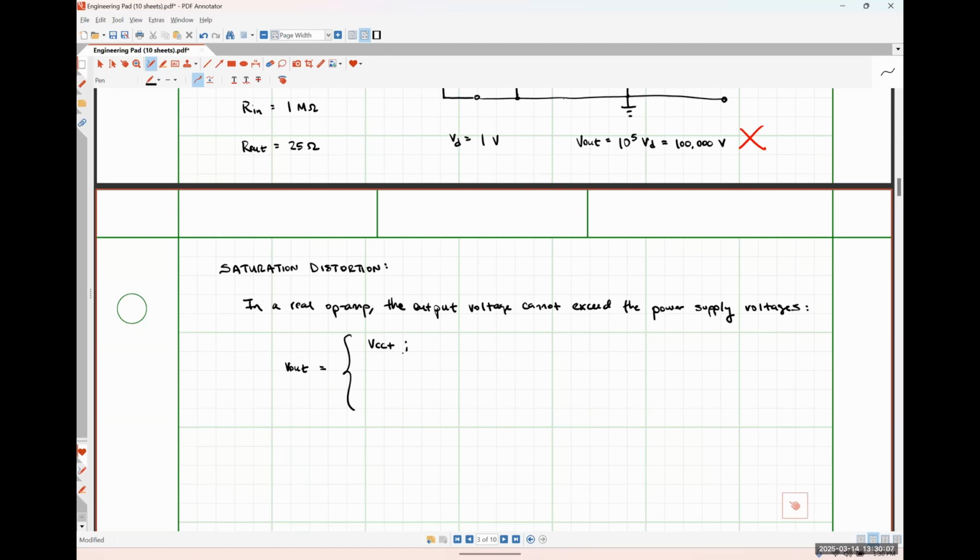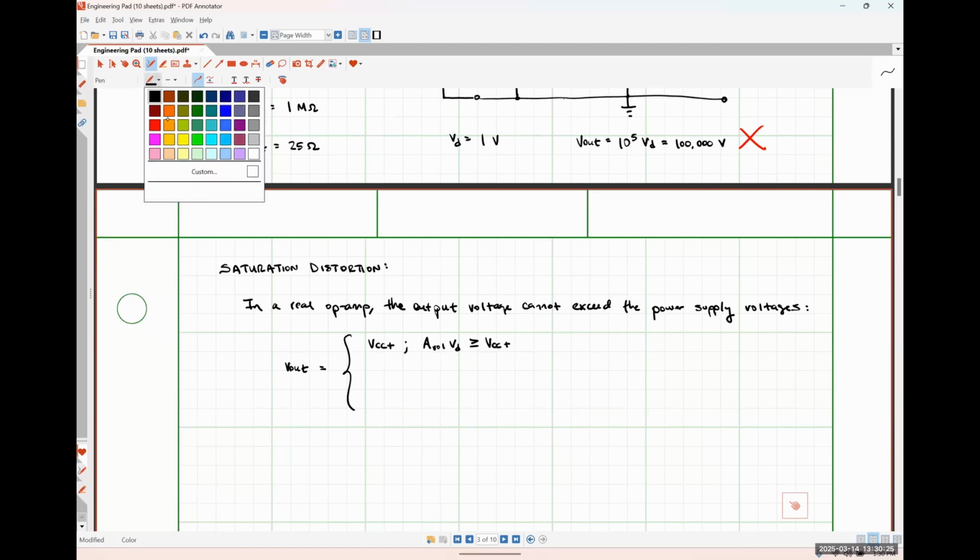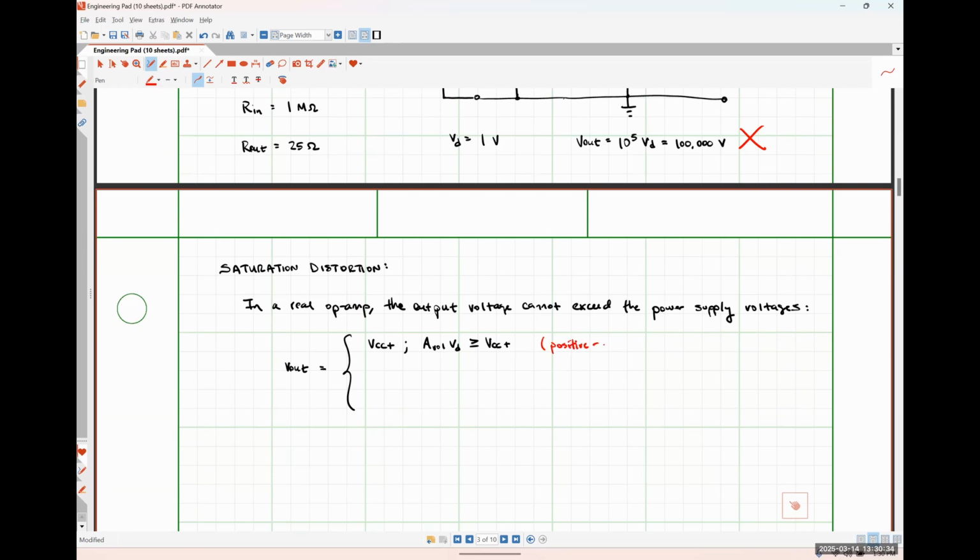And our output voltage will be VCC plus whenever our open loop gain times our differential voltage VD is greater than or equal to VCC plus. And for what it's worth, this condition is called positive saturation, because we're saturating to the positive supply voltage.